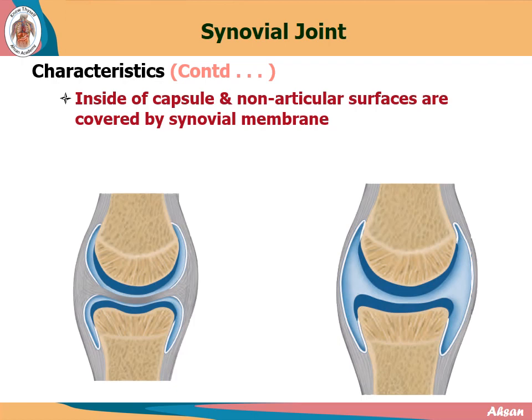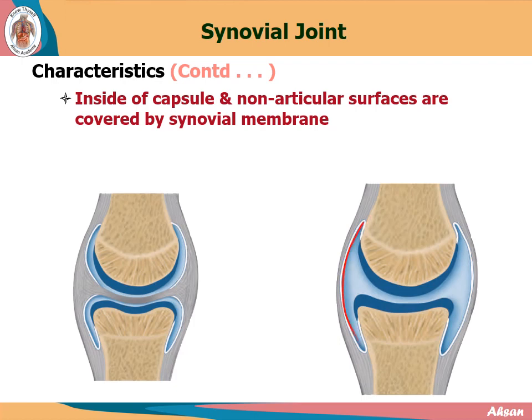The inner surface of the capsule as well as the part of the bone that remains within the joint but is not covered by the articular cartilage, these two areas are covered by a thin membrane. This is known as synovial membrane.